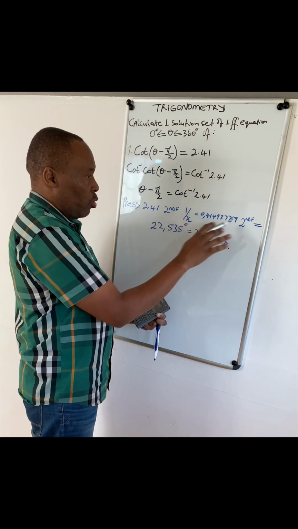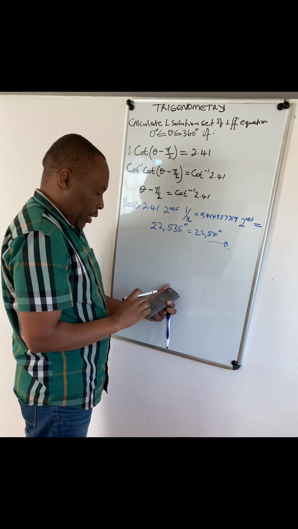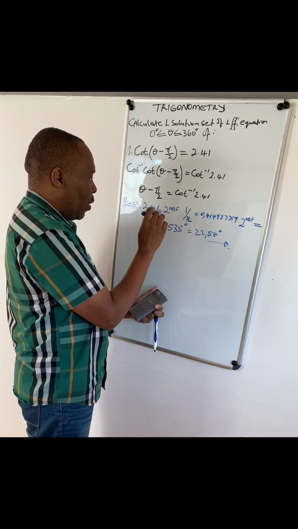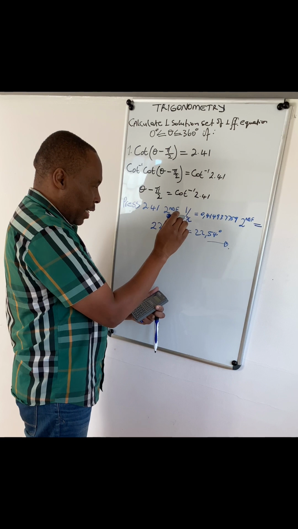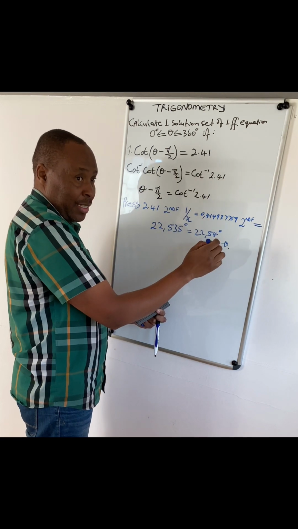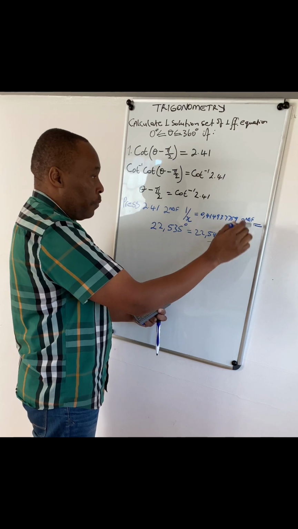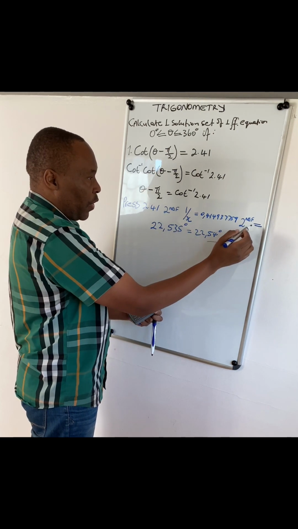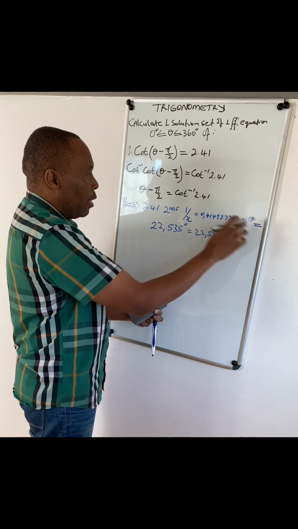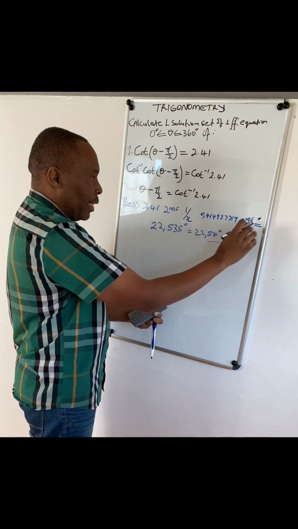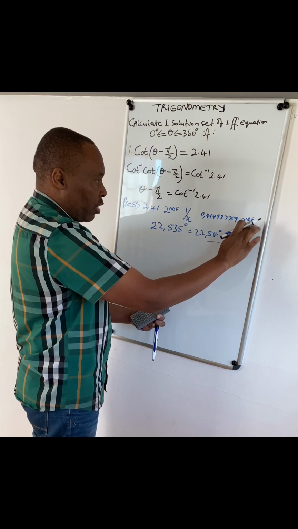Just thought I should show you this so that you know how it works with the calculator. Try this route: press 2.41, second function, 1 over x, and it will give you an answer, and then on that answer you press second function, and it gives you 22.535. Here you don't press equal, it will just follow.